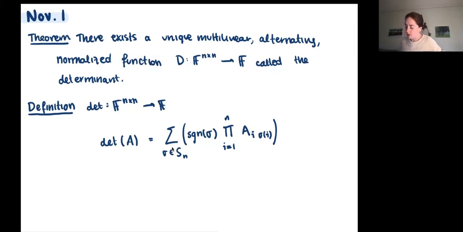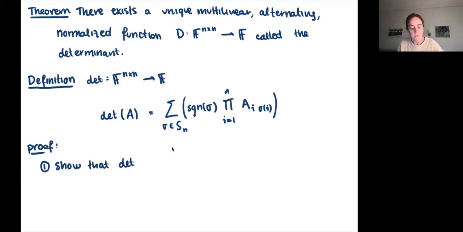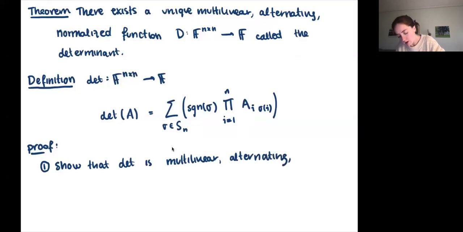Okay, so what do we need to do to prove the theorem? First, I'm going to show that det, this function defined above, is multilinear, alternating, and normalized.